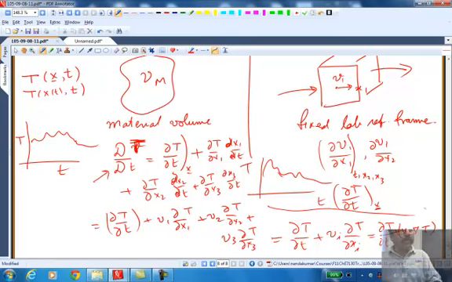But if the boat is drifting with the river and he's still collecting samples of fish and measuring the concentration, that concentration change as a function of time is going to depend not only on the local variation in space and time, but the boat itself is moving. So the velocity of the boat will have an influence, just like the velocity of the skydiver in this case. So that is the difference between an Eulerian viewpoint and the Lagrangian viewpoint.